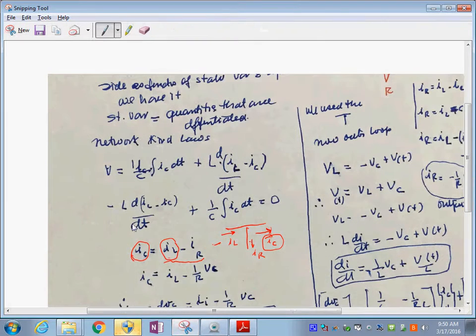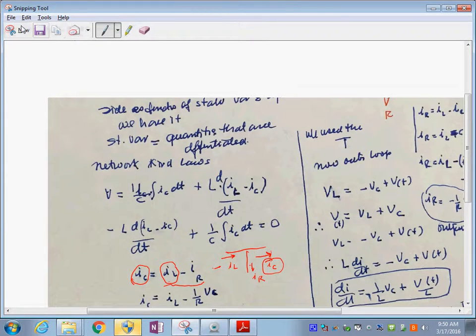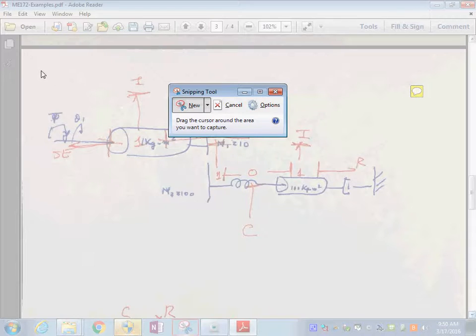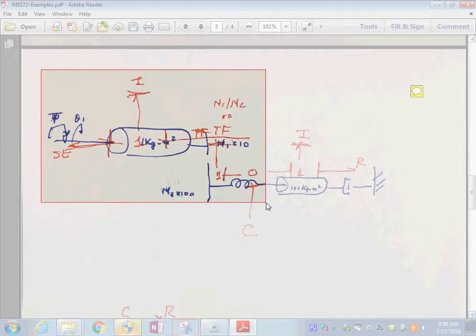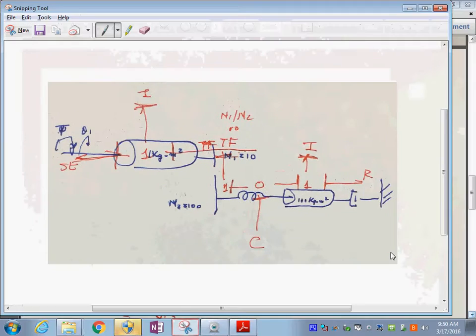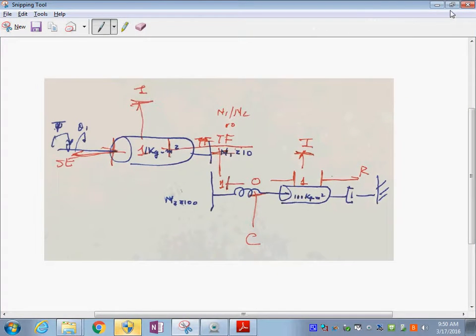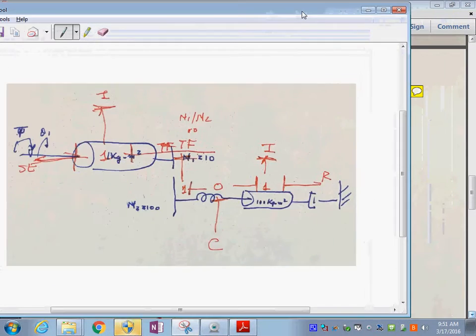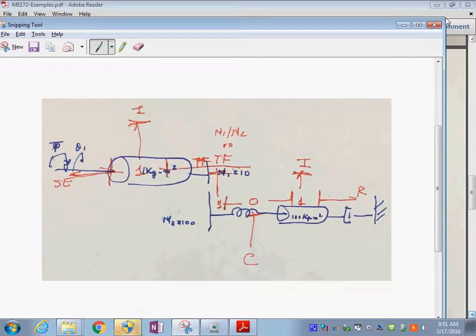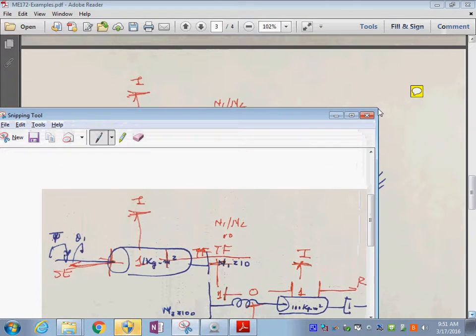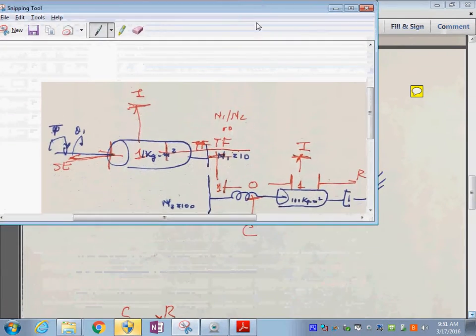Let's do this in a new one. We'll move this down, and all I have is my bond graph model up there.